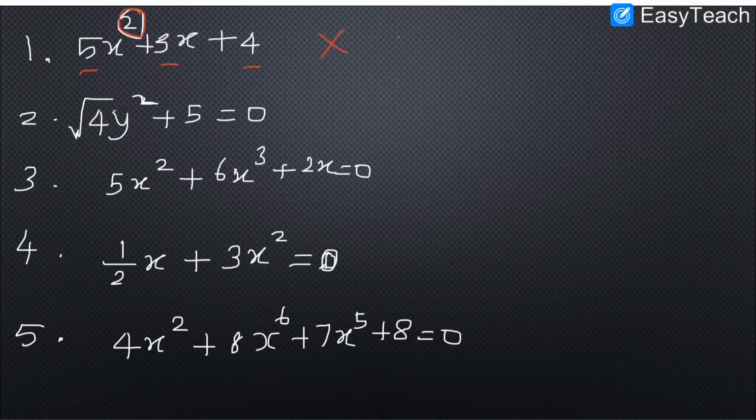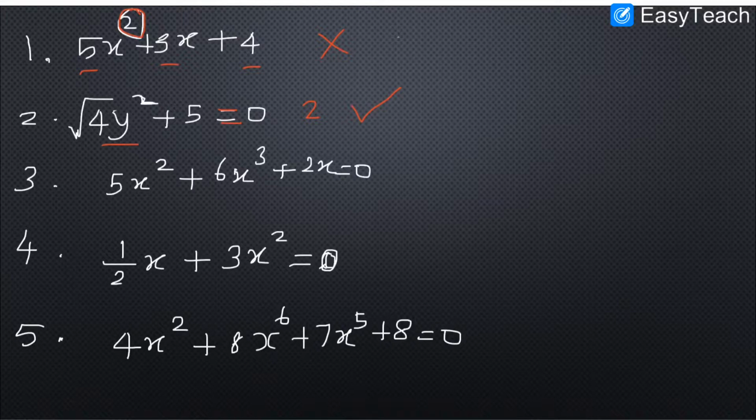In the second equation, root 4y square plus 5 equals 0, what is the degree of this equation? Yes, this is an equation because we have two sides and the degree is 2. So this is a quadratic equation in variable y.